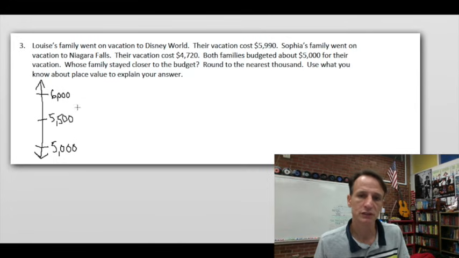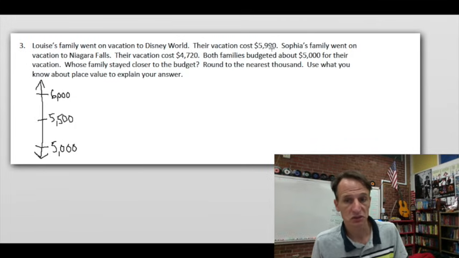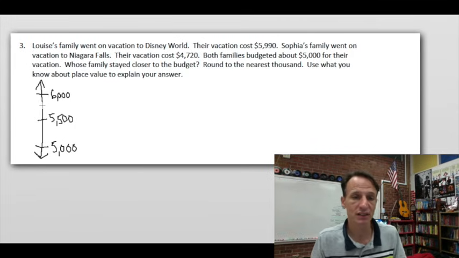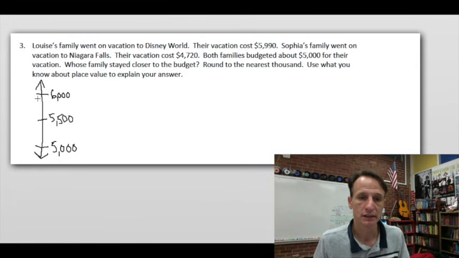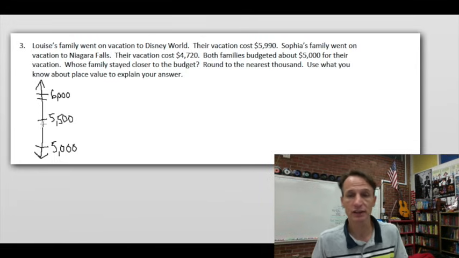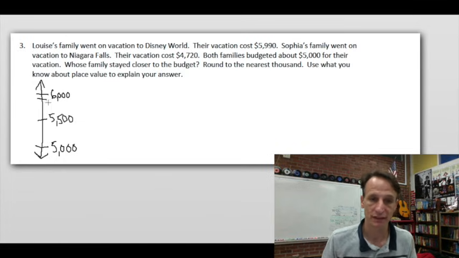And where would Louise's vacation cost fall? Well, it's 5,990. Well, that's more than 5,500. In fact, if you do the math, you can probably see that she's just $10 away from that 6,000. Good thing they did not make that last stop at McDonald's for apple pies. They would have busted the $6,000 barrier there.